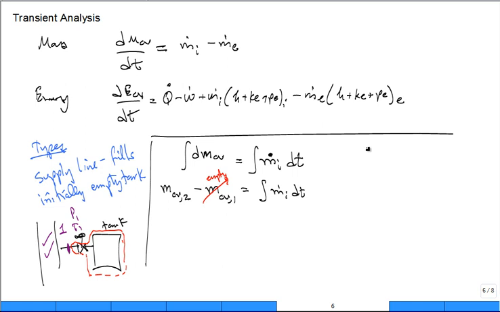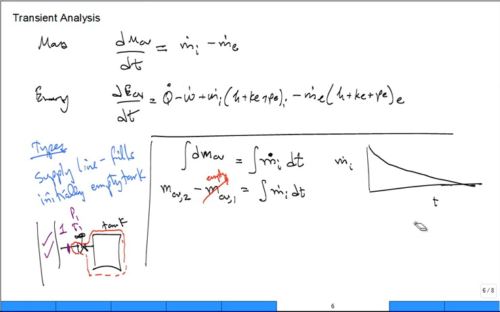Now, you could plot the mass flow rate in as a function of time. It probably rips in and falls off rapidly. That's probably how it happens. It's not steady. It probably gushes in, and then as it starts to fill up, it's a lower flow rate coming in, true? But the trick in analysis is leave that as an entity by itself. It's an integral of m dot in dt.